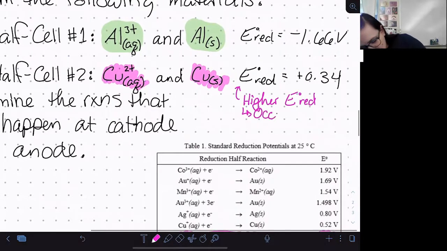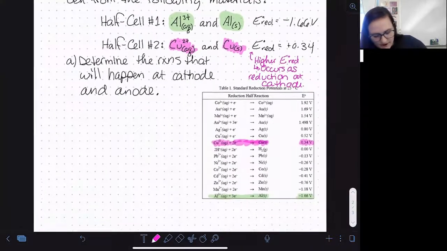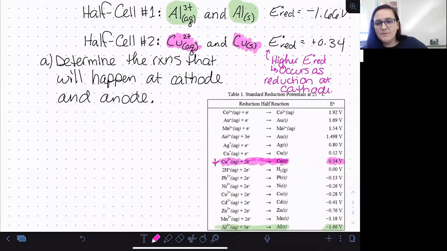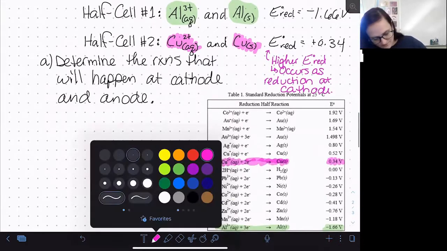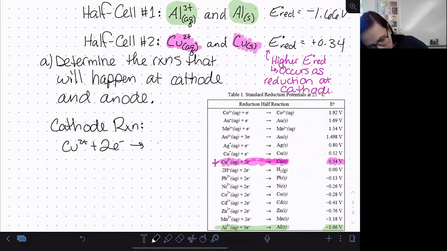So that is going to occur as a reduction at the cathode. So our cathode reaction, we can literally just copy off of this list. So our cathode reaction will be copper 2+ plus 2 electrons forms copper solid.